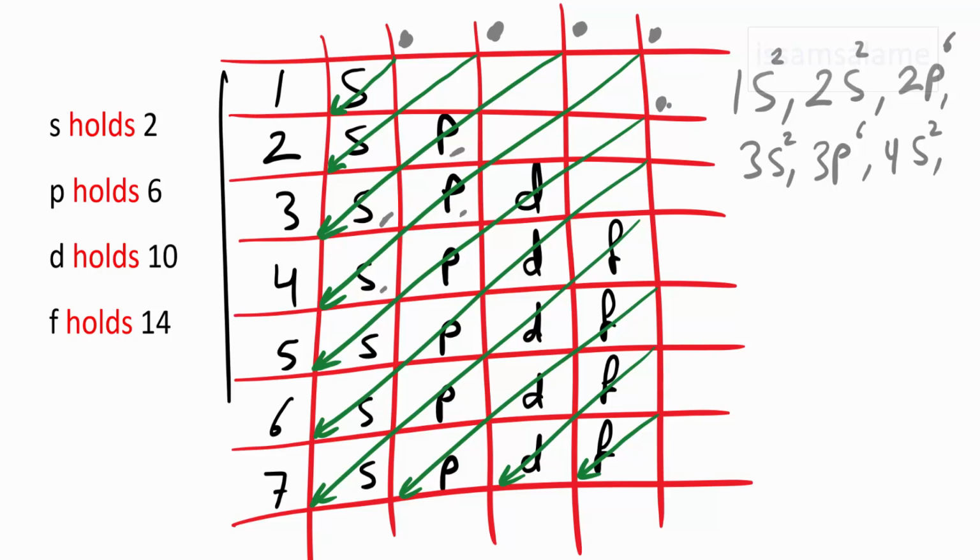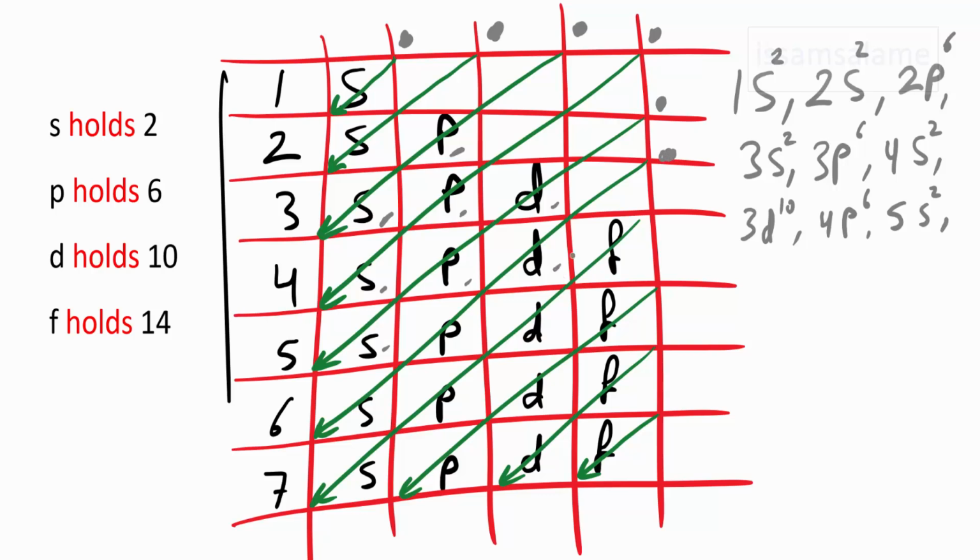Now arrow number 5, as you can see, is passing through 3d, then 4p, then 5s. So I write them in order: 3d10 because d holds 10, then 4p6, then 5s2.